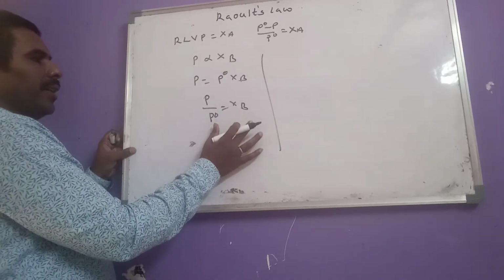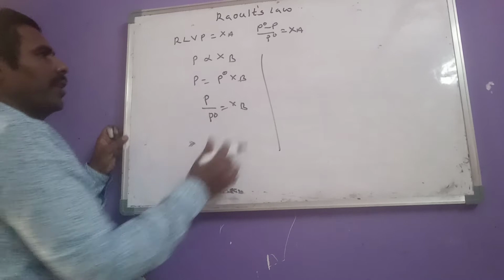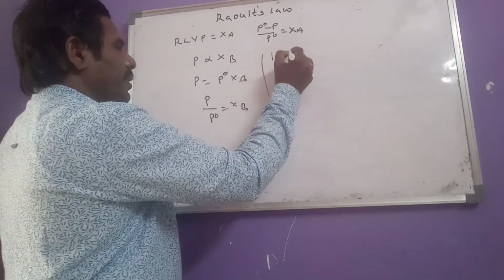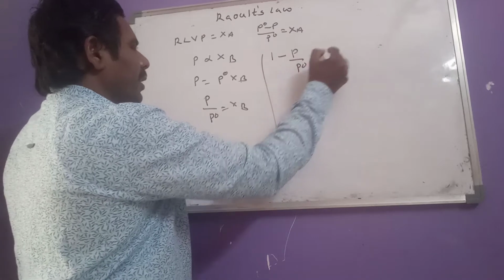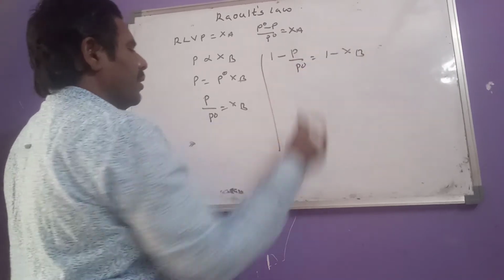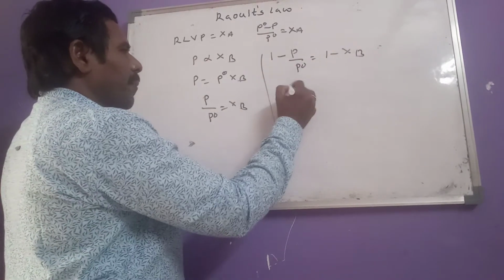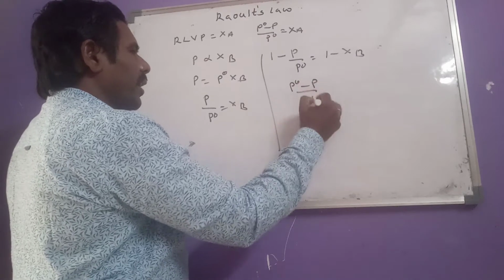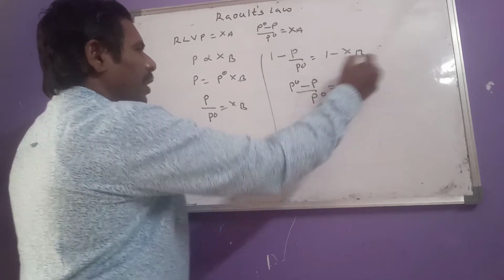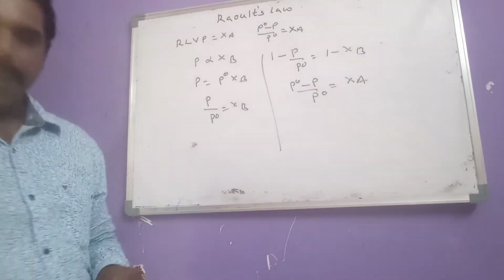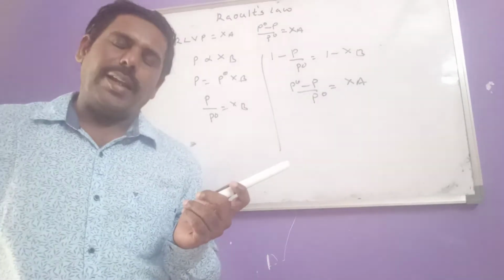By subtracting both sides from 1, we can write this expression as 1 minus P by P naught equals 1 minus XB, and upon calculation one can get (P naught minus P) by P naught equals 1 minus XB. What is that? Can be written as XA.